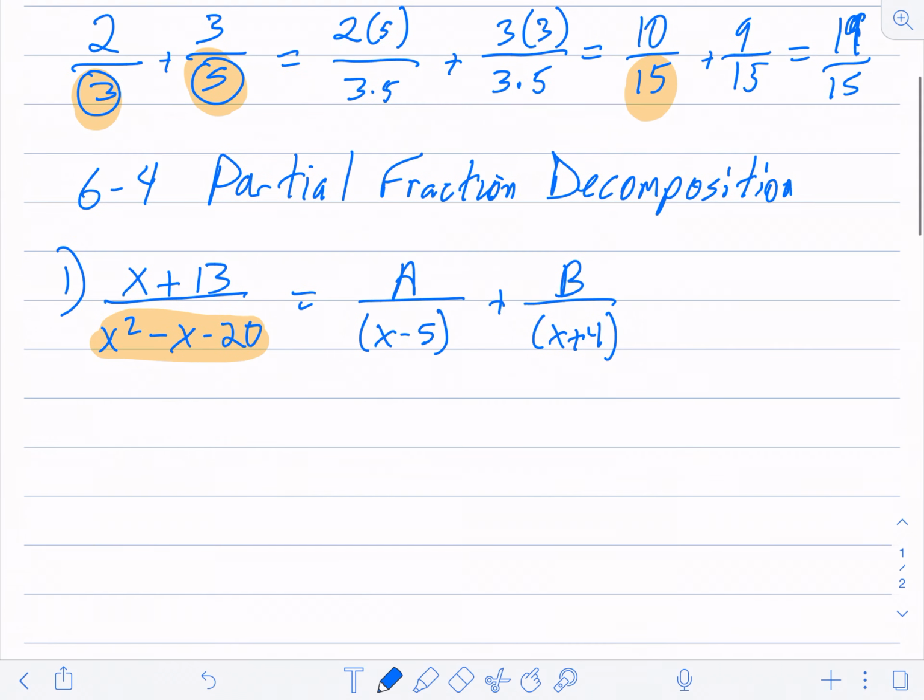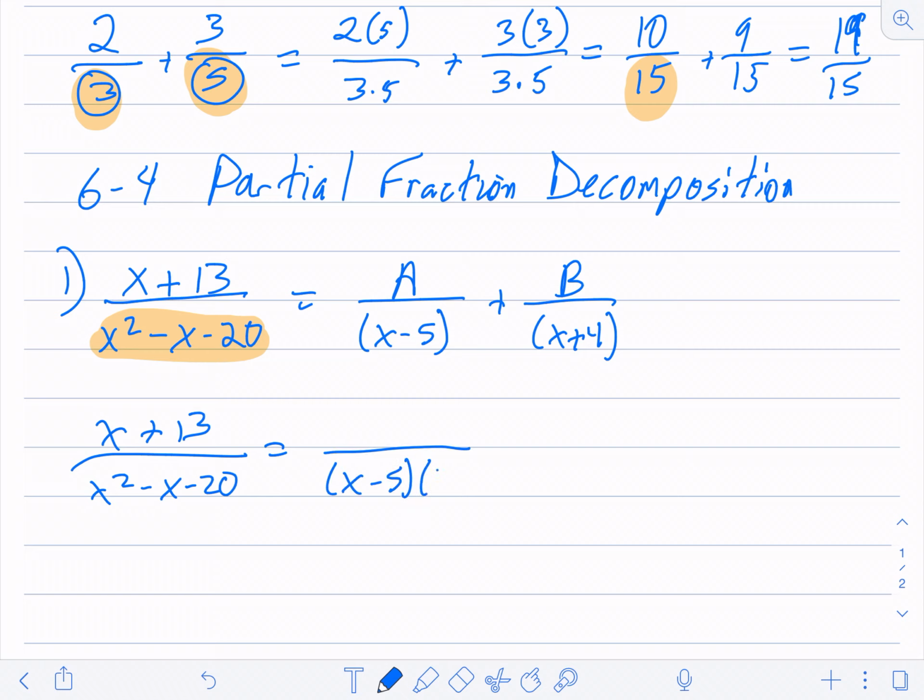Well, let's say if those are my fractions, let's rewrite those two fractions with the least common denominator. I've got x plus 13 over x squared minus x minus 20. In order to get that, I have these two fractions up here. The first fraction I'm going to change into x minus 5 times, and I'm going to put an x plus 4 here.